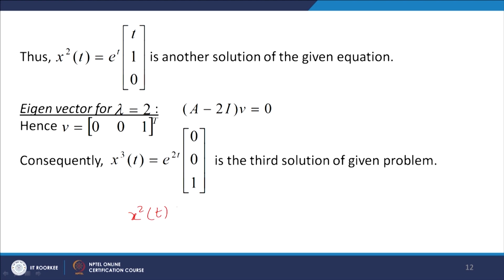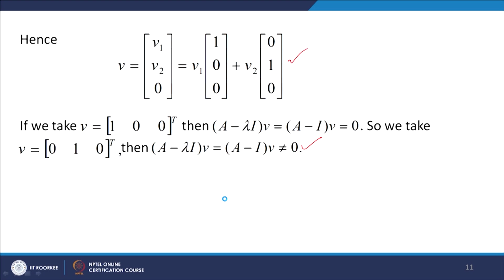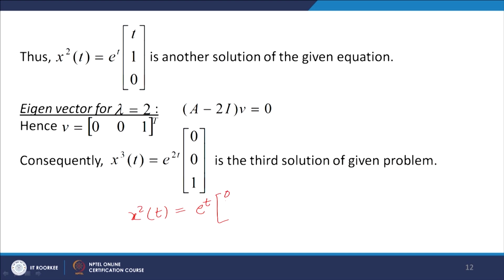In order to find x 2 t, we have e to the power lambda t, that is e to the power t, into b, which we have taken as (0, 1, 0). Now, e to the power t we can write as e to the power t times e to the power (A minus I) t. So x 2 t is e to the power A t into (0, 1, 0), and this is a solution.